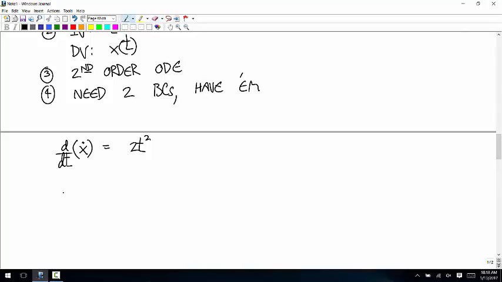And so separation of variables says d(x dot), this is sort of a weird notation, is equal to 2t squared dt.